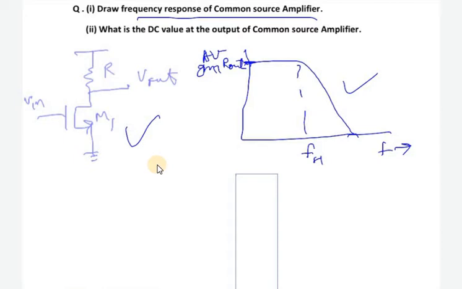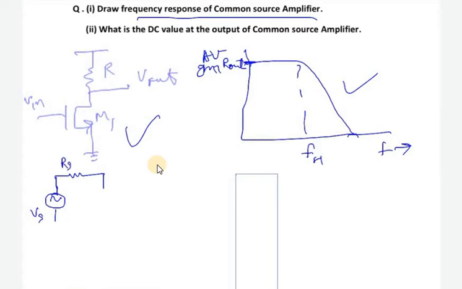Now I will draw a small signal equivalent model assuming all the parasitics. So suppose this is Vin. This is an AC source because we are going to do the AC response. Now this AC source has some internal resistance Rs.